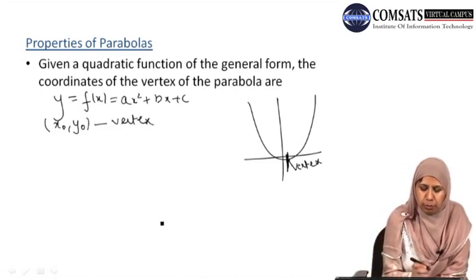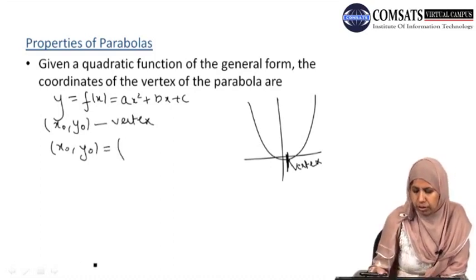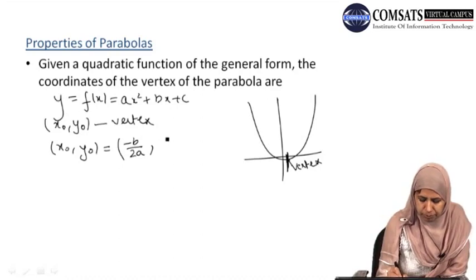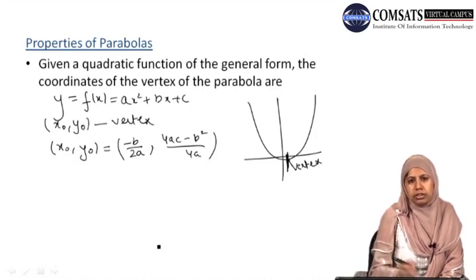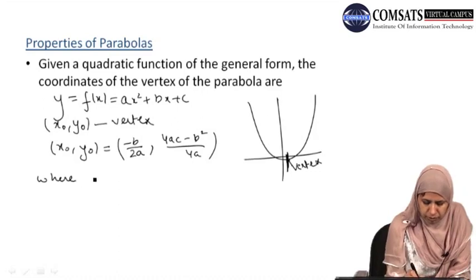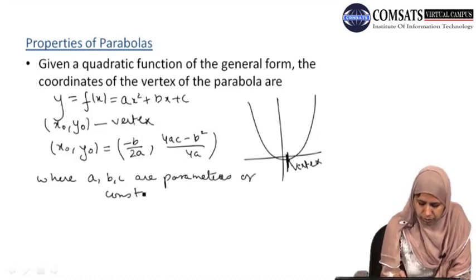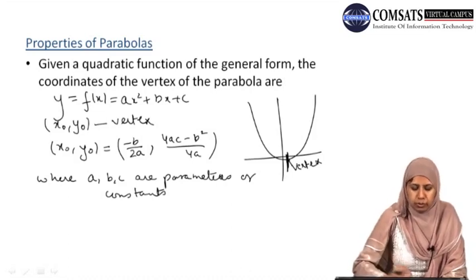This we can find with the help of our formula, that this vertex is basically defined as the x component equals minus b over 2a, and the y component is 4ac minus b square over 4a, where a, b, c are just the parameters or constants of our general form of the quadratic function.